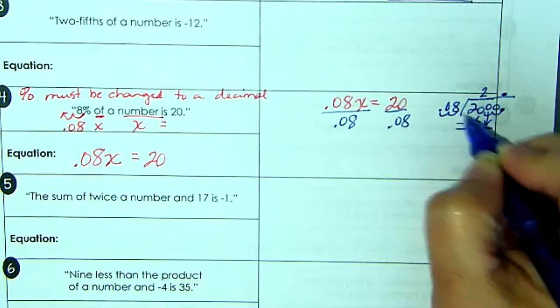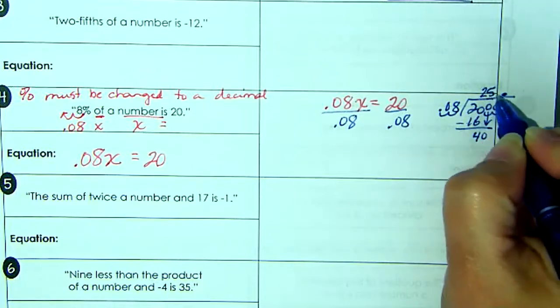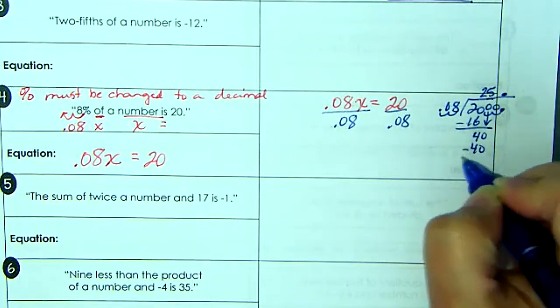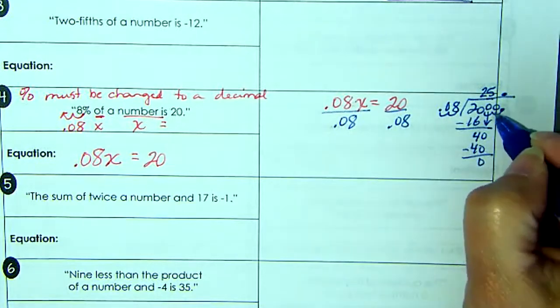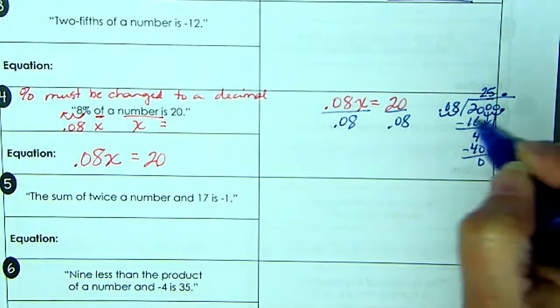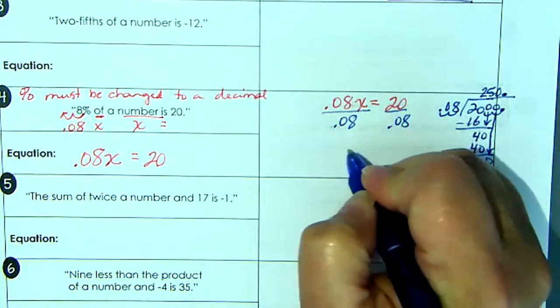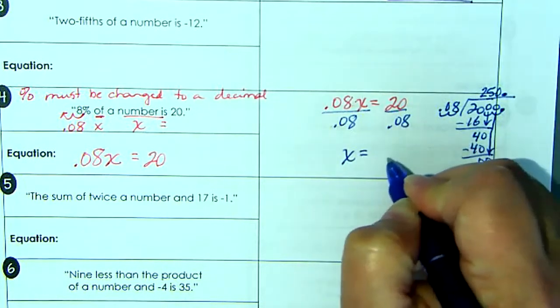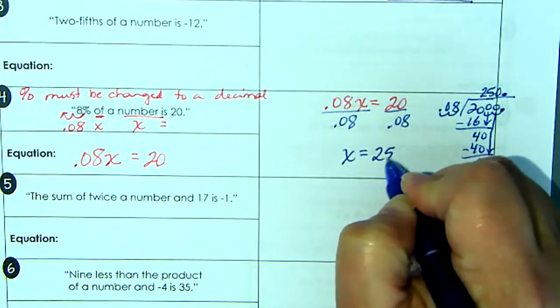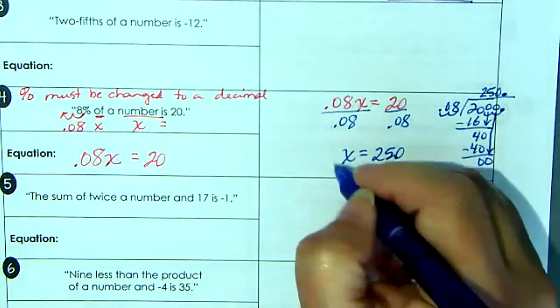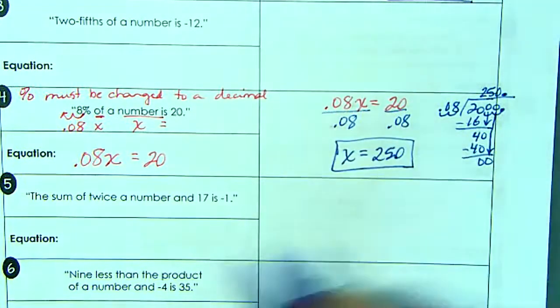Bring down my 0, 8 goes into 40 5 times. And I've got another 0 to go, so 8 into 0 goes 0 times. So I end up with X equals 250 as my final answer.